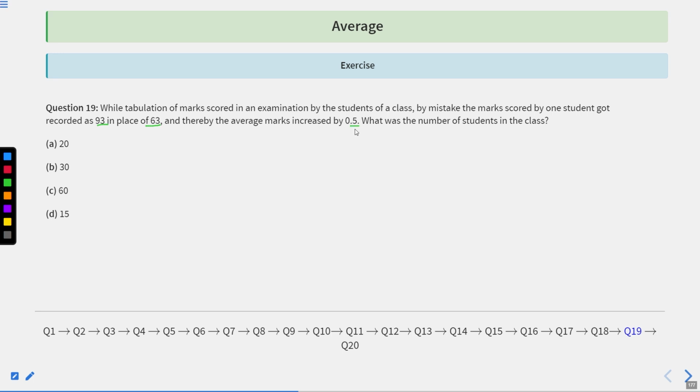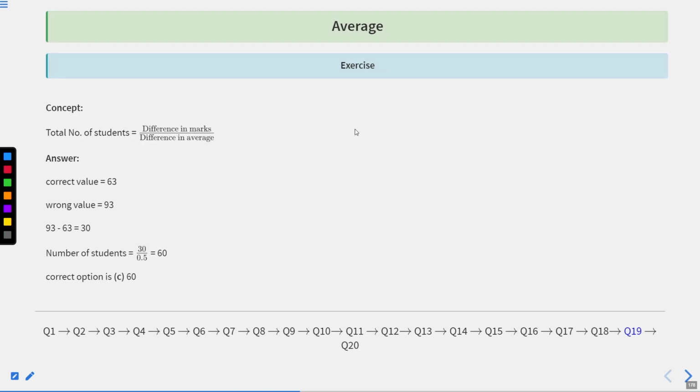What was the number of students in the classroom? So again, there was an examination in which the teacher made a mistake while tabulating the data, and he recorded 93 instead of 63, due to which the average of the class increased by 0.5. So what was the number of students in the classroom? That is what the question is here.